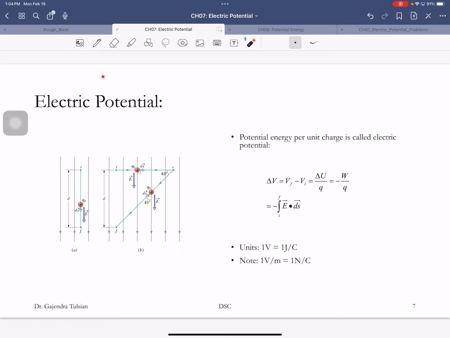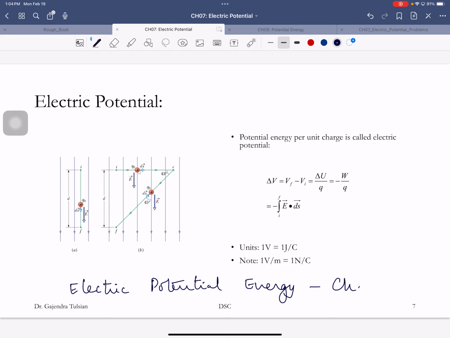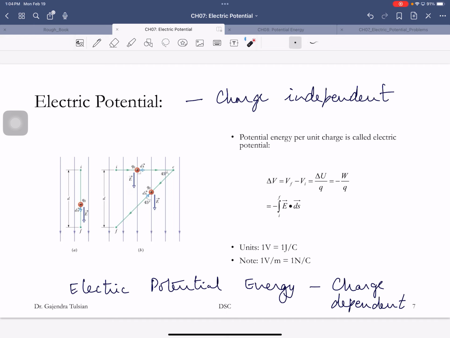So we define electric potential because electric potential energy is charge dependent. This is charge dependent, this is charge independent, and it's only related to the electric field.